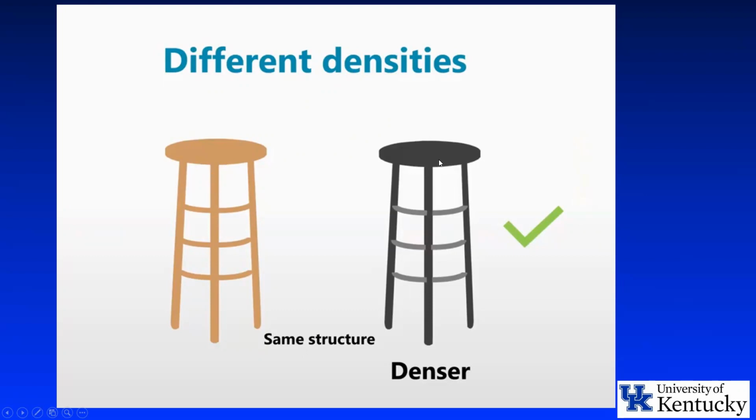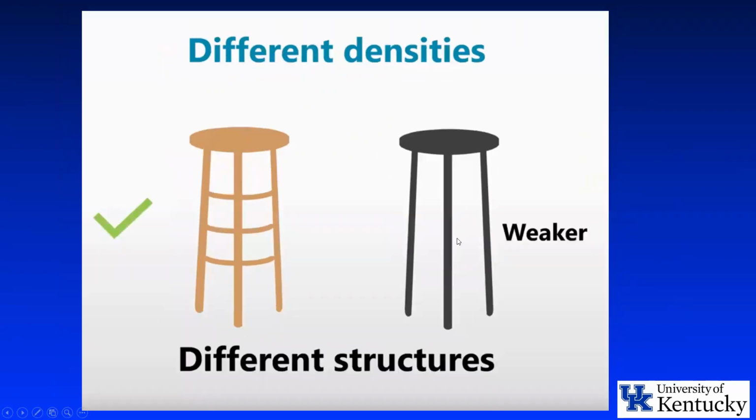Of course, metal is denser. When you put this on a DEXA machine or X-ray machine, it will, of course, appear denser. But what happens if you play with the structure? If you take out the hinges and the connections, despite this seat being less dense, it will be stronger, because the structure here is weak.